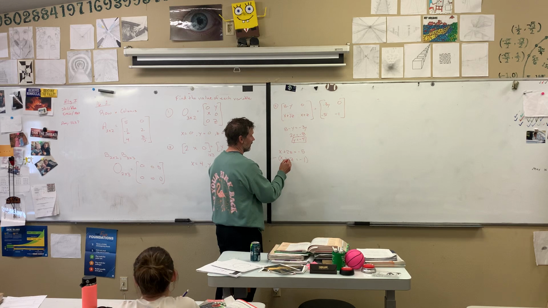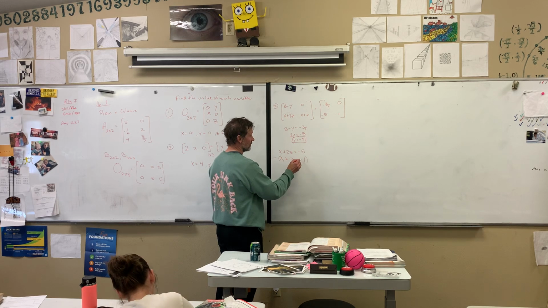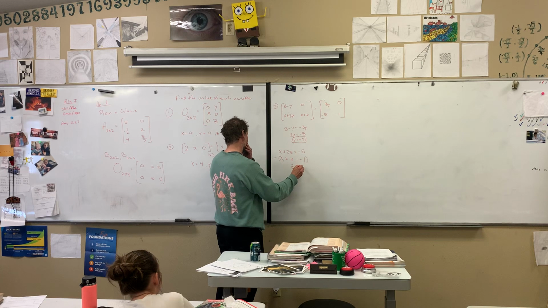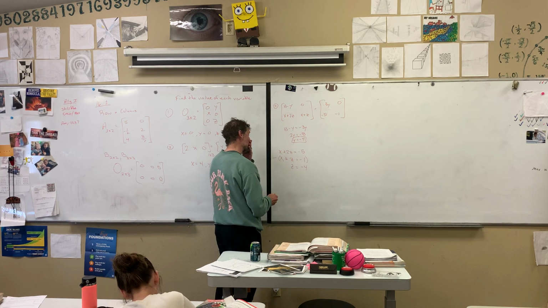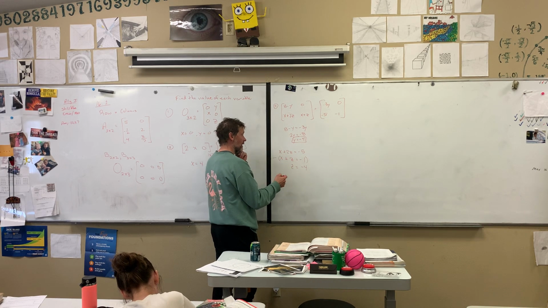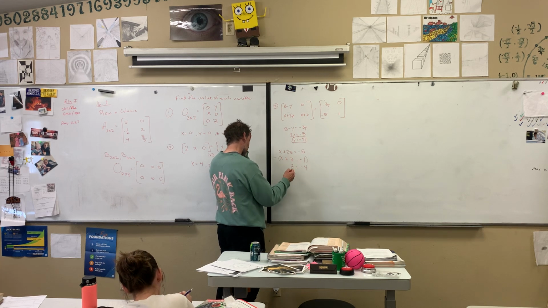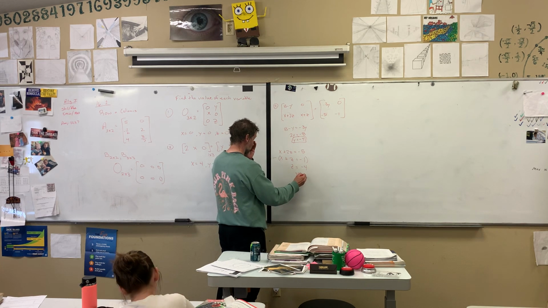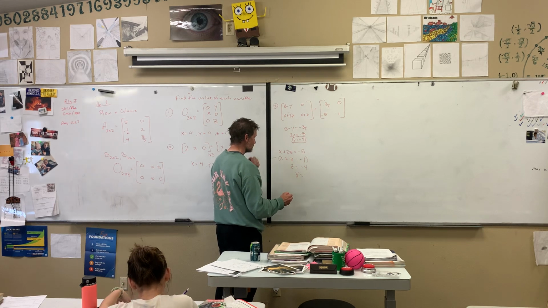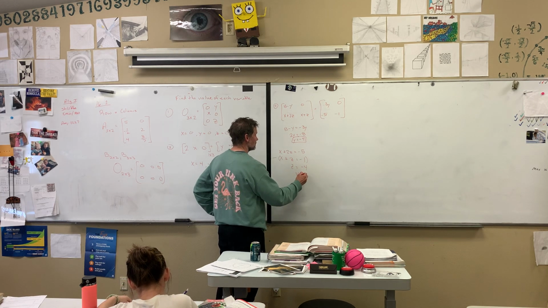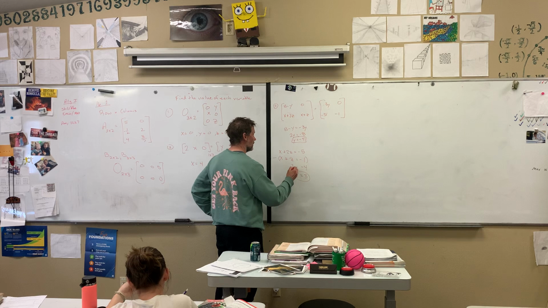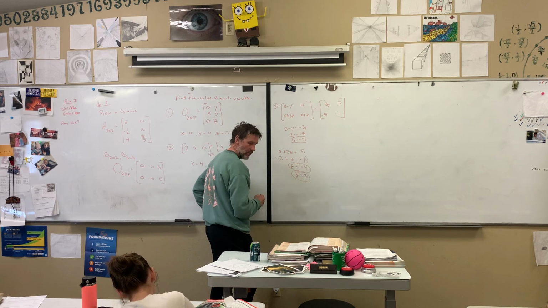So the x's cancel, this becomes a negative, this becomes a positive, so you get z is equal to negative 4. And then you plug in negative 4, and what do you get for x? x is equal to 3. Good.